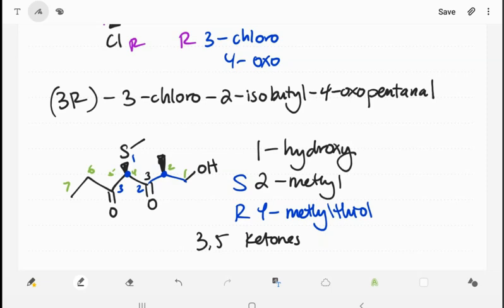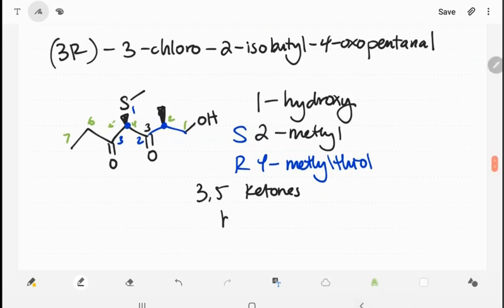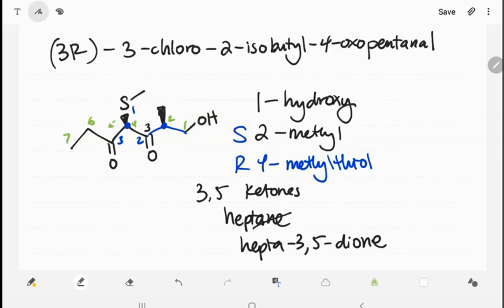Since they're both ketones, we're going to put them both in the parent name. So our parent name here is heptane. So we're going to have hepta-3,5-dione. That would be how we're going to go through this.